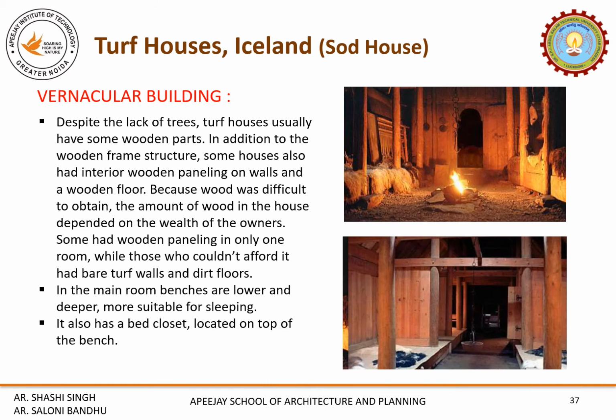Despite the lack of trees, turf houses have some wooden parts in addition to the wooden frame structure. Some houses have interior wooden paneling on the wall and wooden floor. Because wood was difficult to obtain, the amount of wood in the house depends on the wealth of the owner. Basically, wood is used in the interiors due to its thermal mass.